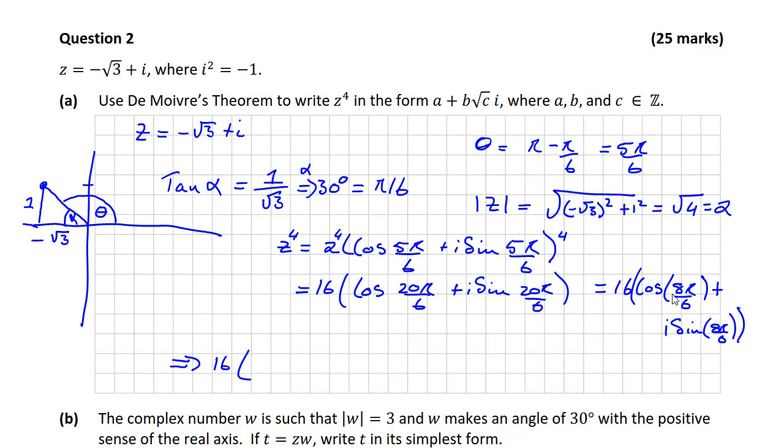So the cosine of 8 pi over 6 is minus a half, plus i sine 8 pi over 6, which is minus the square root of 3 over 2 times i. And that gives us minus 8 plus minus 8 root 3 times i, and that is z to the 4 in the form we were looking for. So this is our answer.